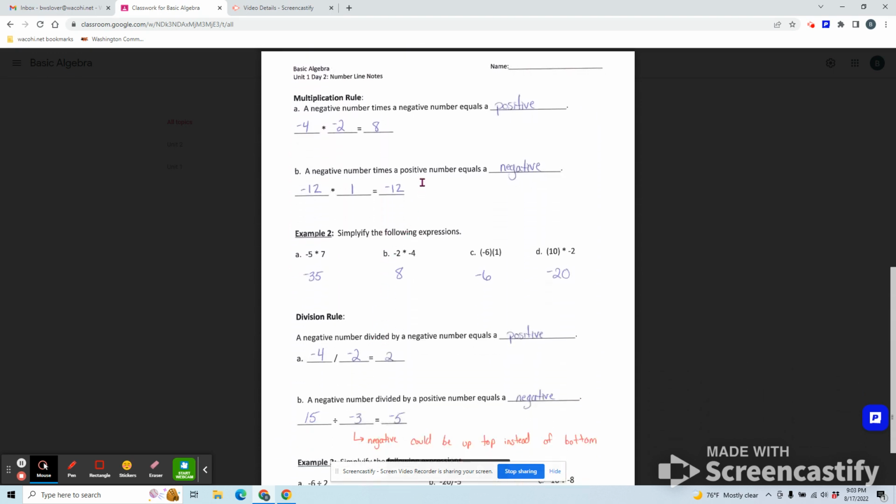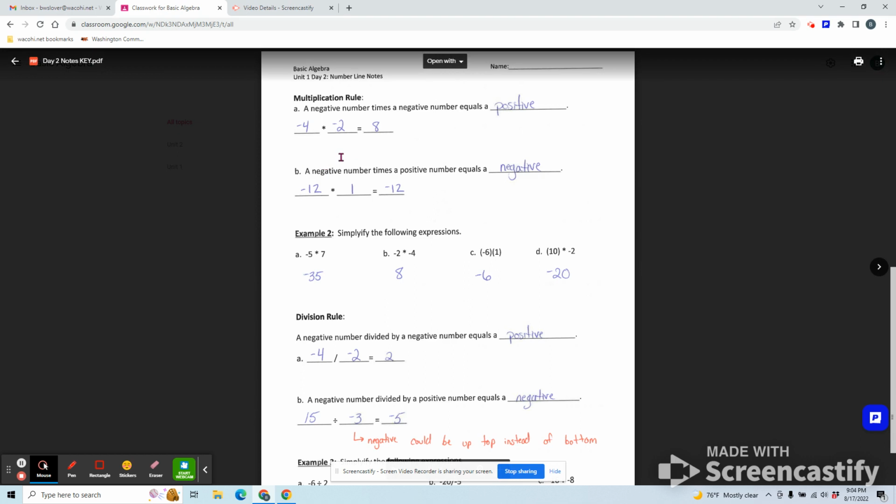All right, the back side of the notes, now we focus on the other operations, which would be multiplication and division. And they're both very similar. So if I have a negative number times a negative number, it equals a positive. So here I've got two negatives. When I multiply them together, I'm going to get a positive number. So once again, it's okay if you're not good with negatives.